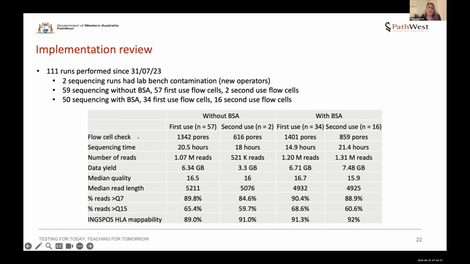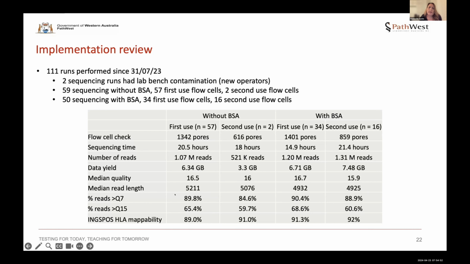We always perform a flow cell check to determine how many pores are available for sequencing. Sequencing time, the number of reads generated in that time, the data yield, the median quality, read length, and then the percentage of reads that are greater than Q7 and those that are greater than Q15. And then for our internal positive control, the HLA mappability.